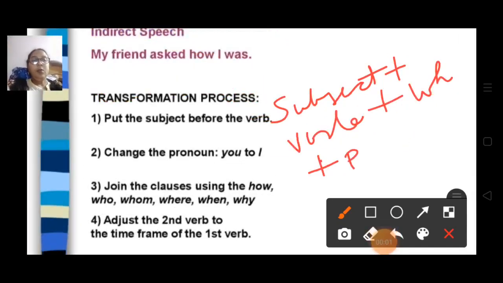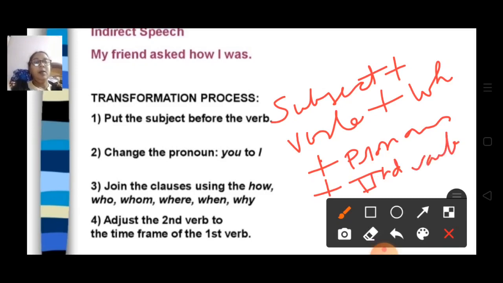Then the pronoun, and we will change the pronoun, and then we are supposed to use the second verb according to reported speech. So this is the formula, or you can say the process, of transforming direct to indirect speech in interrogative forms.